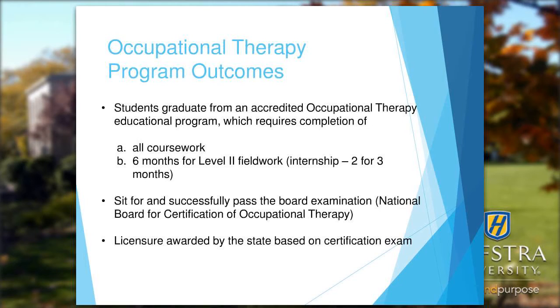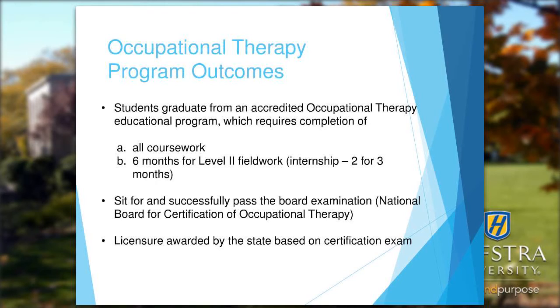As part of the accreditation standards, students must graduate from an accredited OT program. After all courses are completed, there is a requirement to do 6 months of level 2 fieldwork, which is an internship.